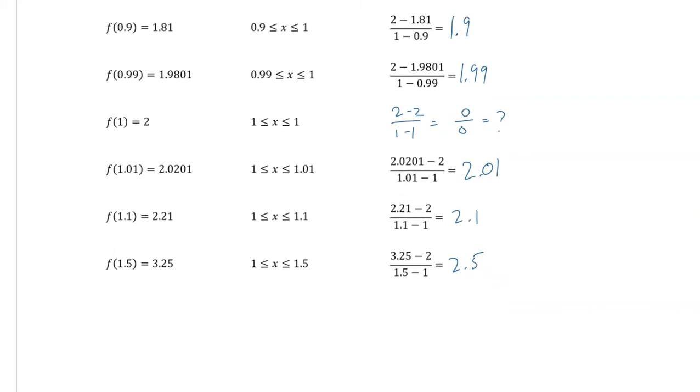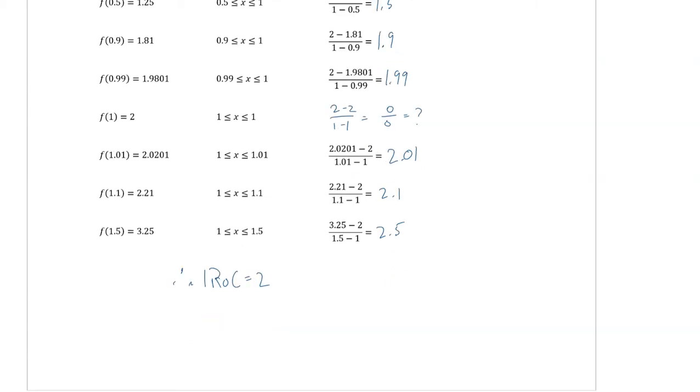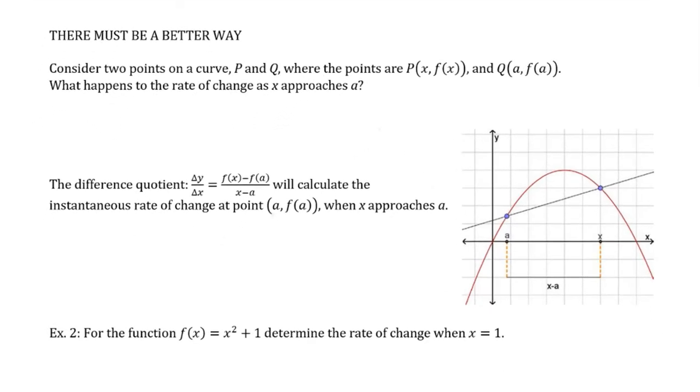And I would say, therefore, the instantaneous rate of change is 2 or something like that, if you were going to use this method. We don't like estimation techniques in math class. We want to calculate things. We want firm answers. So if only there was a better way. Turns out there is.